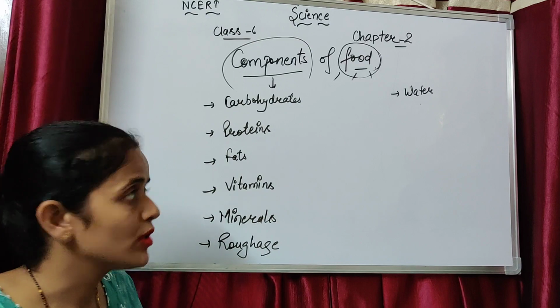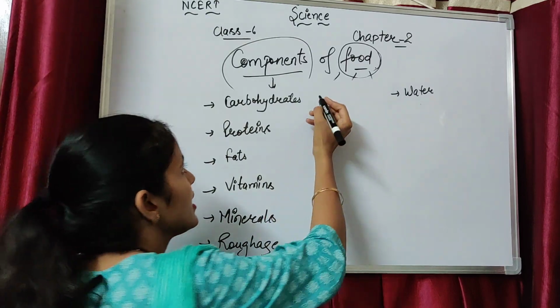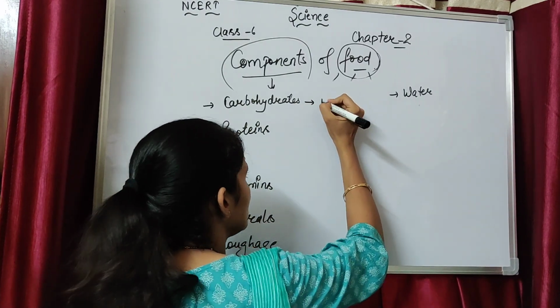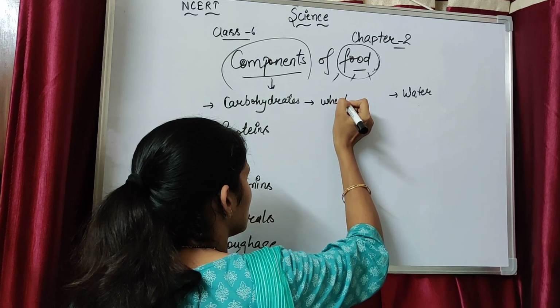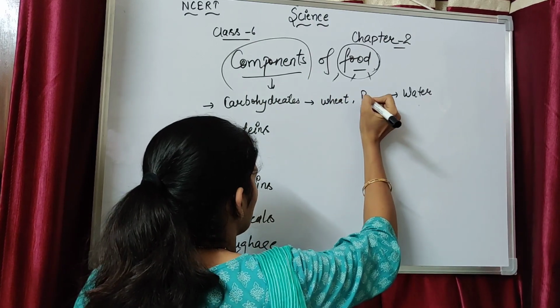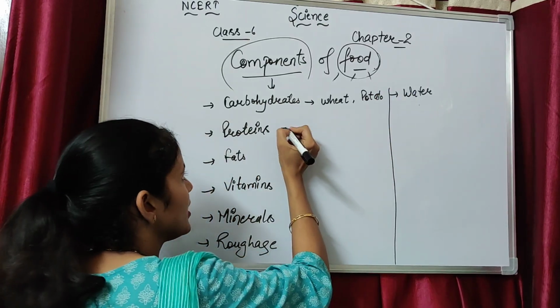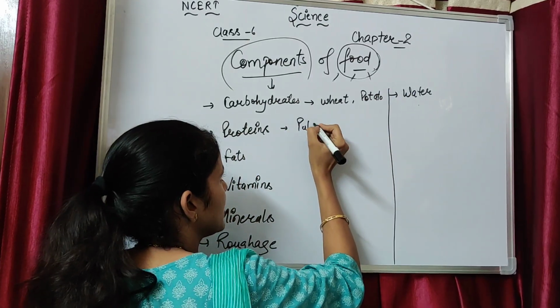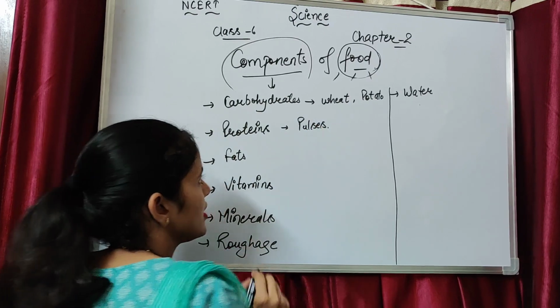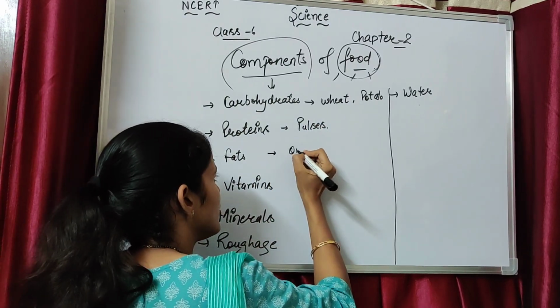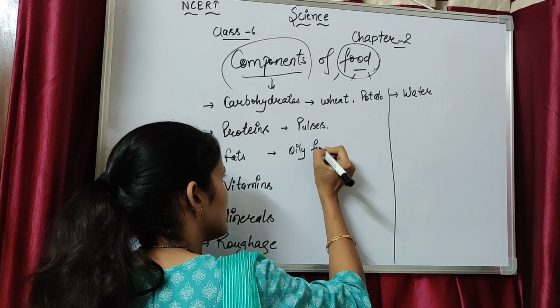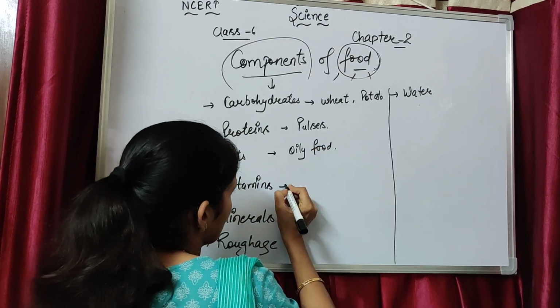What are examples of this? Which food item contains this? Like carbohydrate in wheat, potato; protein in pulses; fat in oily food; and vitamins.